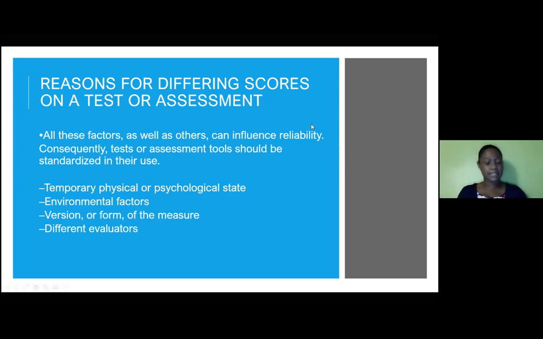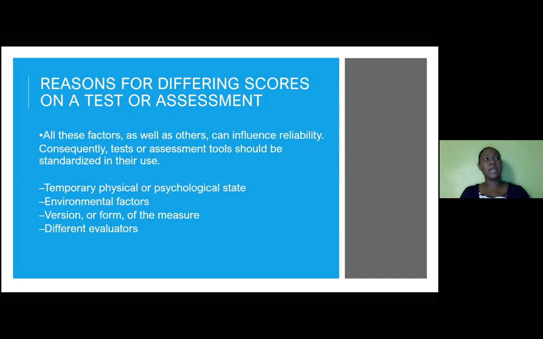And lastly, different evaluators. So in certain tests or situations, scoring is done by multiple raters. For example, like in panel interviews. In these instances, we may find where the raters may rate a candidate differently, right?